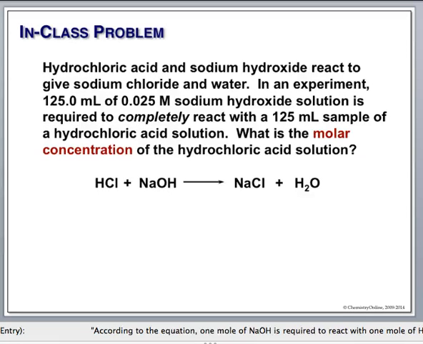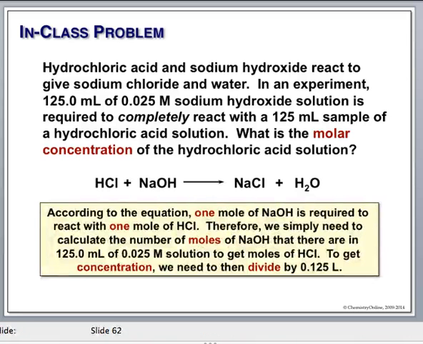What is the concentration of our hydrochloric acid solution? Okay, remember how we did this. This is an important calculation. Our stoichiometry here is 1-to-1, isn't it? So that's simple.